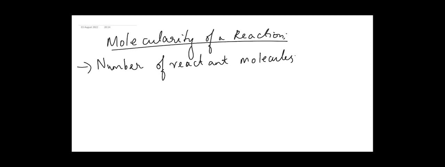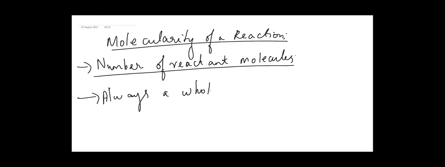Now the most important point to be noted here, which we can consider as a difference between order and molecularity, is that molecularity is always a whole number. That is, it cannot be a fraction or a decimal. But the order of a reaction can be a decimal as well.